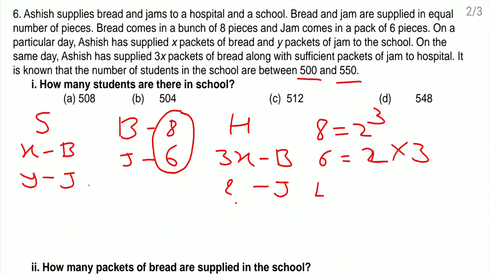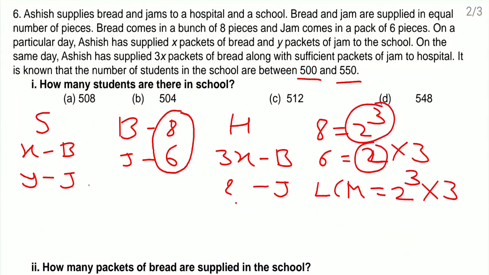The LCM is 2 cube, which has the highest power, times 3. So 8 threes are 24. 24 is the LCM, so the number of students will definitely be a multiple of 24.